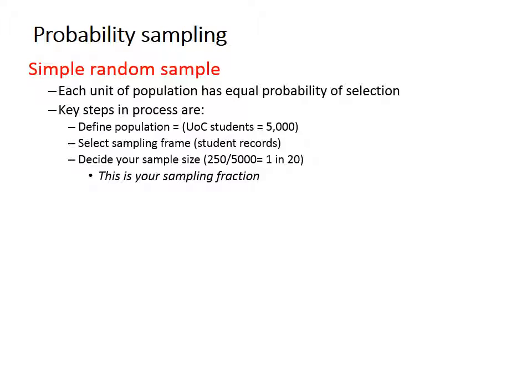So for this, we're saying, okay, 250 participants out of my 5,000. Now if you just take a minute to reflect on that, what type of research instrument would you use to collect data from potentially 250 participants?